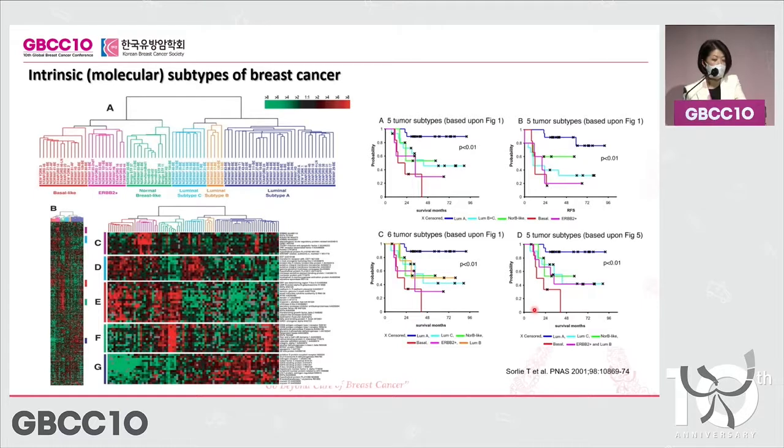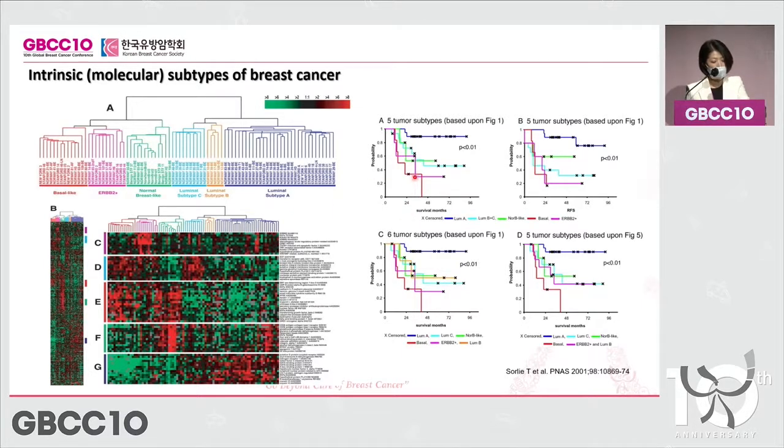Looking at the subtypes of breast cancer, about 20 years ago, I think we started to use these technologies. We identified that breast cancer is not just a uniform disease, but there are many subtypes on a molecular or intrinsic level. For example, basal-like, ERBB2 positive, luminal type, and so forth.